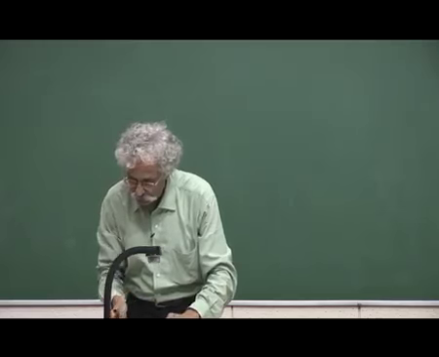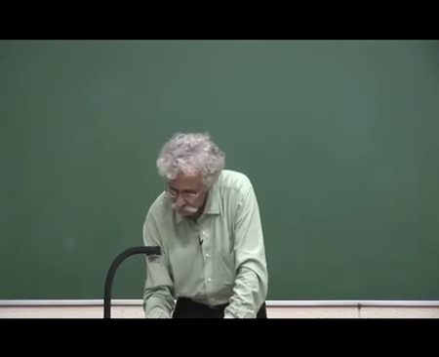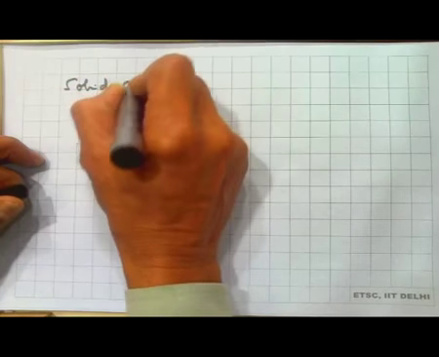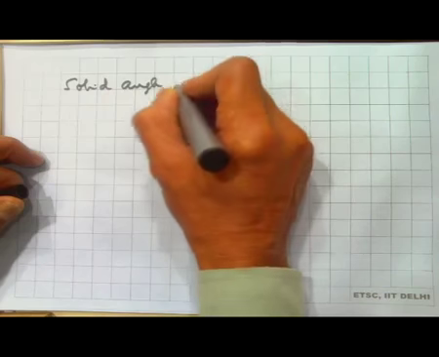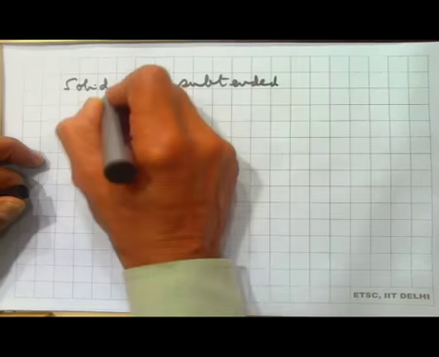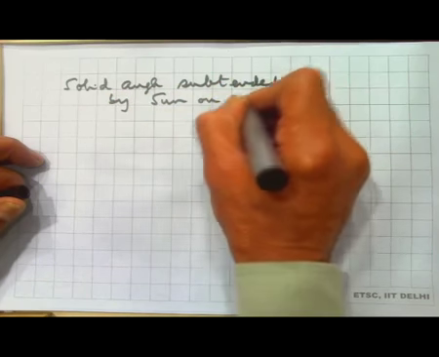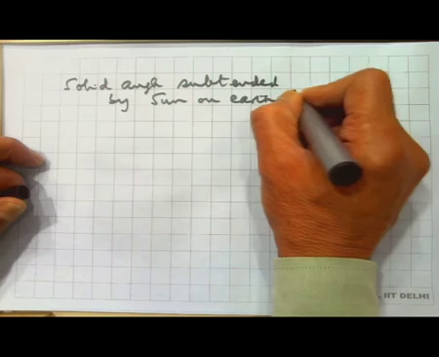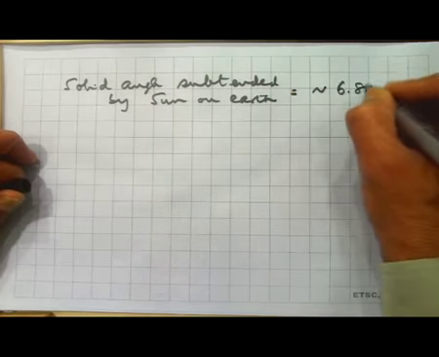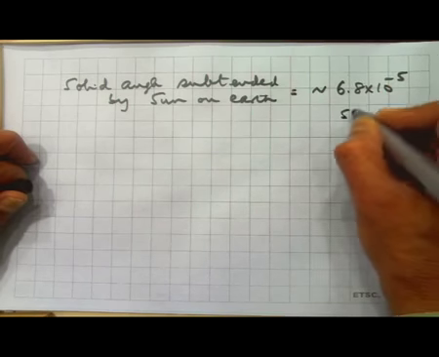So, for example, the solid angle subtended by the sun on earth is approximately 6.8 into 10 to the minus 5, and there is a unit called steradians.